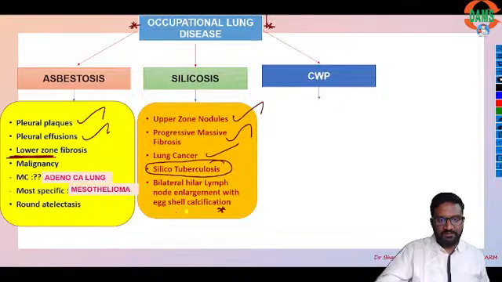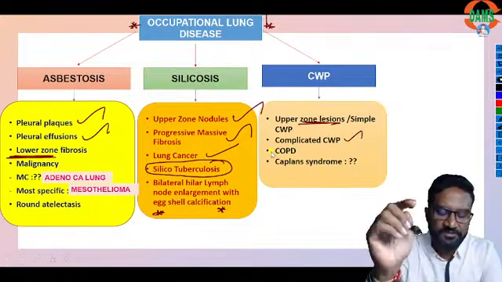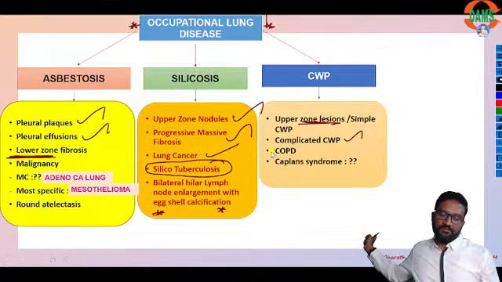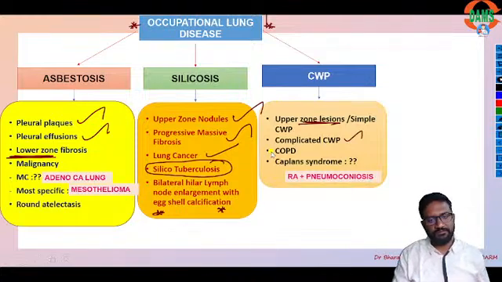And here you see eggshell calcification. Coal workers' pneumoconiosis: upper zone lesions. Initially, when they are individual, it is simple. Later, they can merge, and it is complicated. And what is Kaplan's syndrome? I want everybody to know what Kaplan's syndrome is. Examiner's favorite question. It is rheumatoid arthritis with pneumoconiosis.